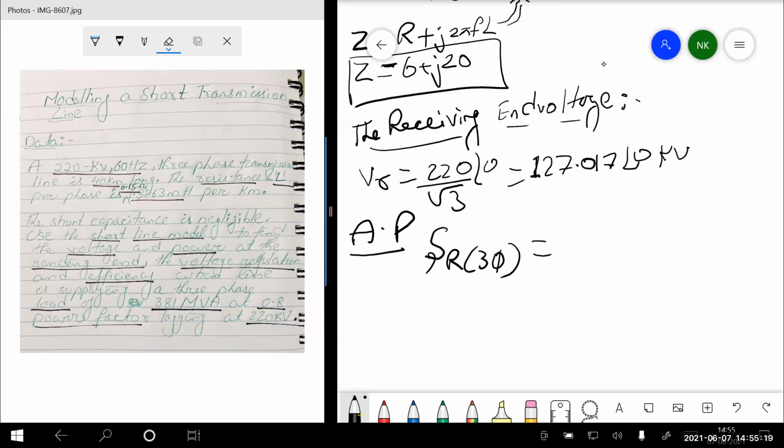How will we calculate from this particular data? When the line is supplying a three-phase load of 381 MVA at 0.8 power factor, right? So we could consider this using a small thing, that is 381, this power into the power factor.